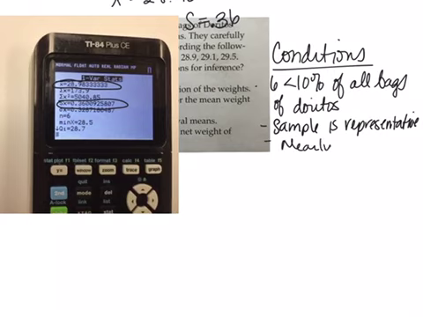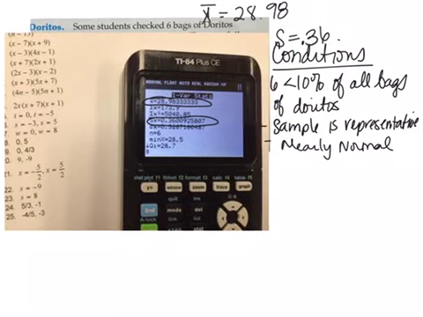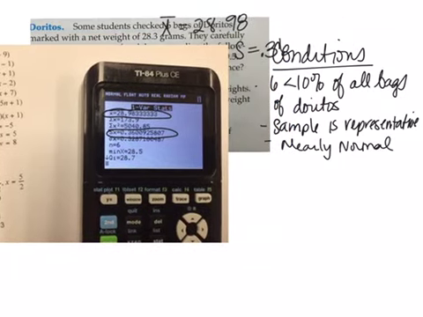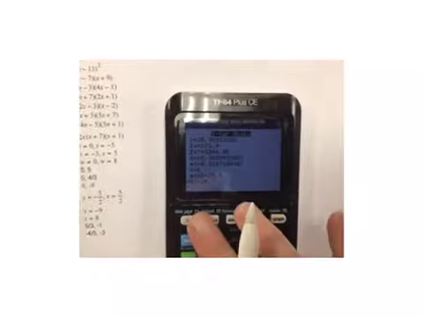nearly normal. Now our sample size is definitely not large enough to say we can use the central limit theorem, which requires 30 or more. So we need to go back to the calculator and look at the data.